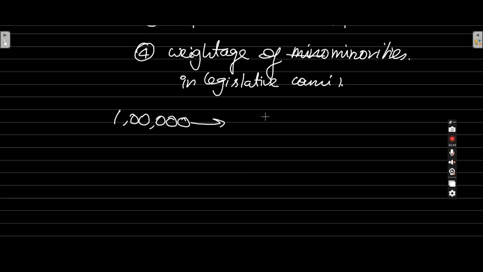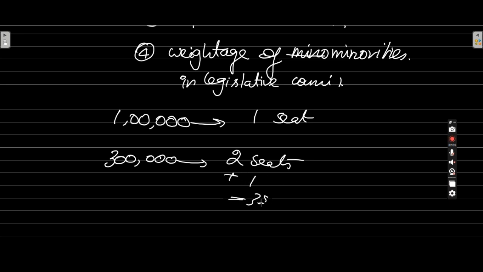This is just a random number. So let's say there are 3 lakh people and they are given only 2 seats. So they should be given plus one, so a total of 3 seats. So this is the request given to the British government.